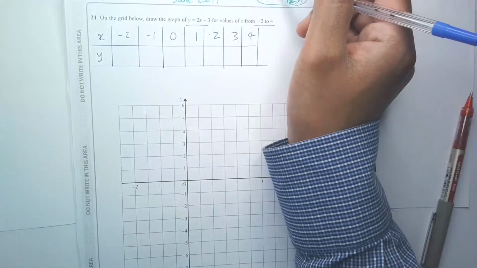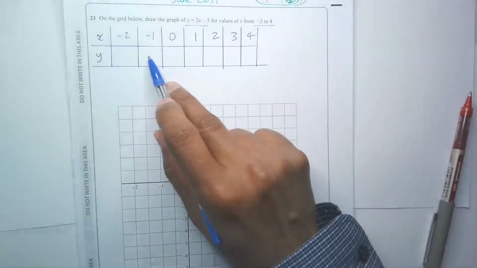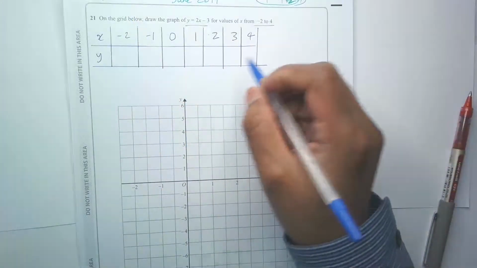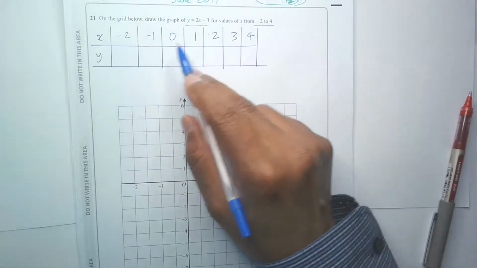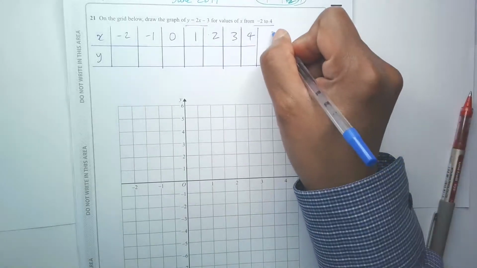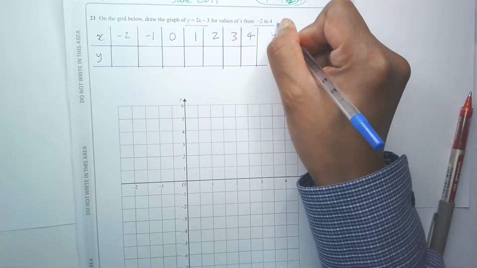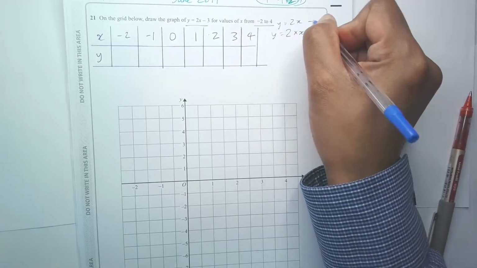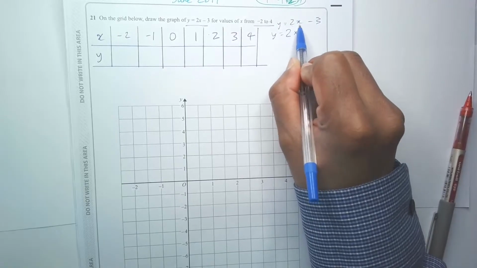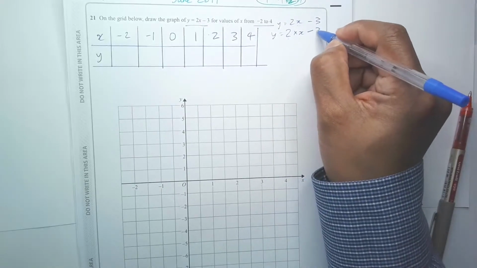Now I have to use my rules of substitution here. Now it's paper 2, so I am allowed to use a calculator. So I'm going to be starting with 0. So this is y equals 2x minus 3. In algebra, 2x, when we have a letter and a number together, it means we multiply. So 2 times x, take away 3.